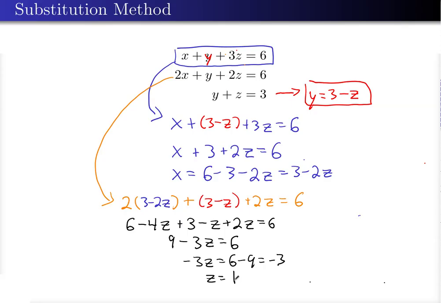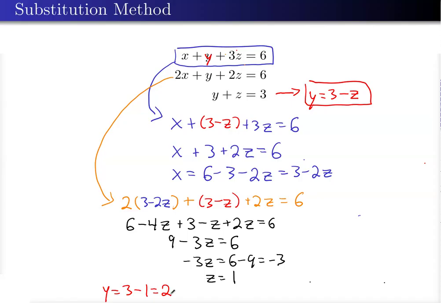Now, I have what z is, and I could use those two other formulas I had to figure out the corresponding values of x and y. So for instance, I knew that y was equal to 3 minus z, and if z is equal to 1, that would make my value for y equal to 2.